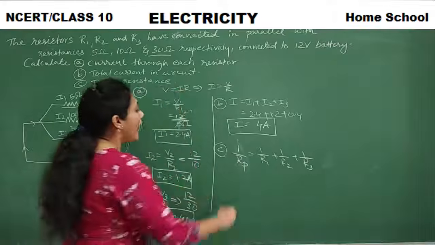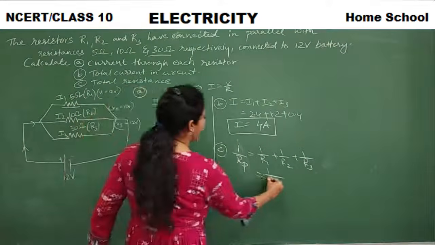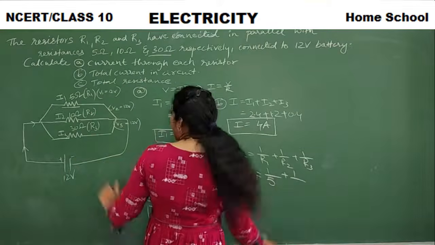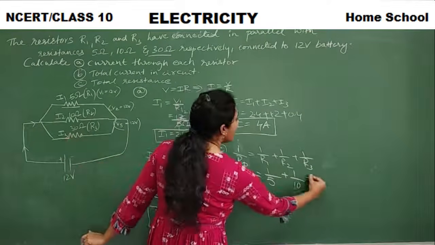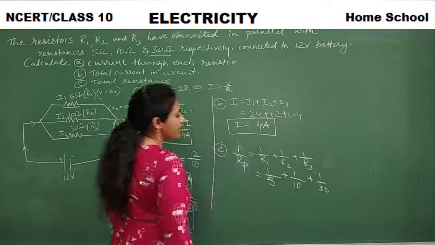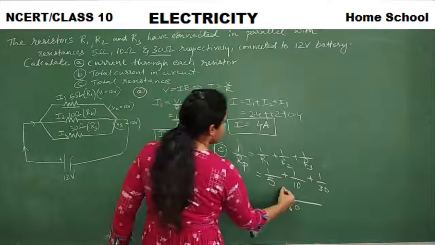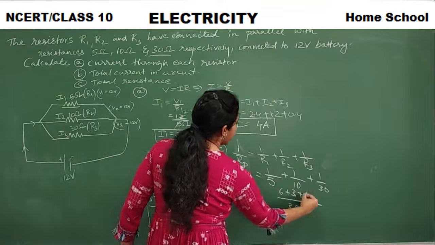So what is R1, R2 and R3? 1 by R1, R1 is 5 ohms, right? And R2 is 10 ohms, plus R3, R3 is 30. So what is the LCM you will take? 30, right? So 6 plus 3 plus 1.